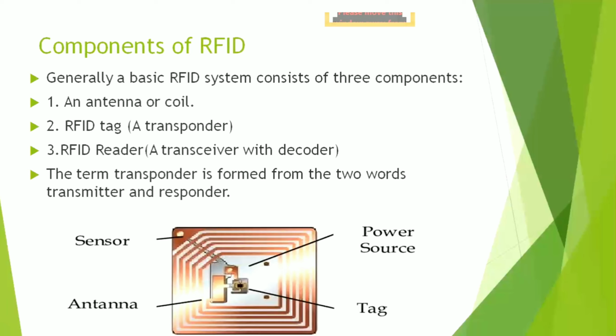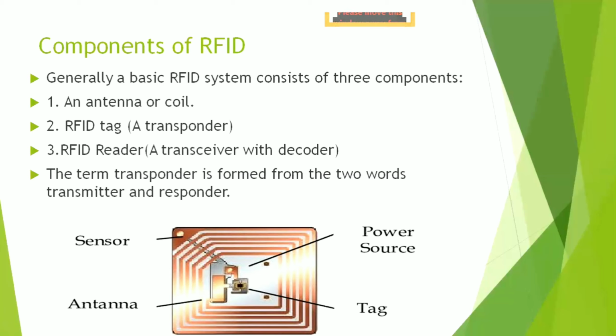Coming to the components of RFID, a basic RFID consists of three components: an antenna or a coil, an RFID tag, and an RFID reader. The antenna is used for transmitting and receiving the radio waves. The RFID tag first receives the signals from the reader, and in response it sends the information.